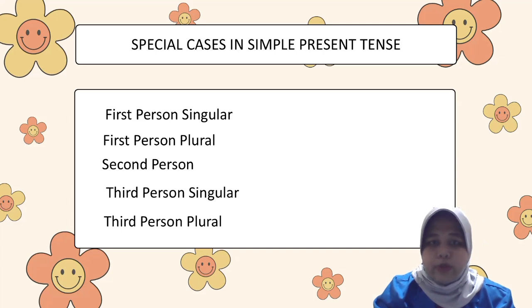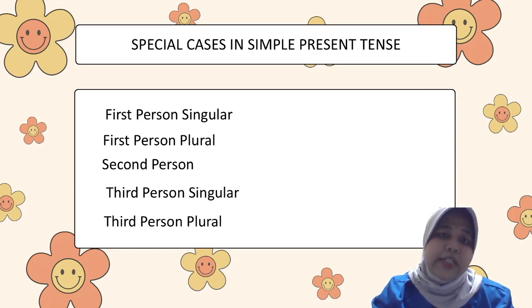Third person plural. The pronouns used in the third person plural are they or them or their. The situation that occurs is when talking about more than one person who are not present among us. The example is, they are a famous family in the city, or some of them are from Bekasi.